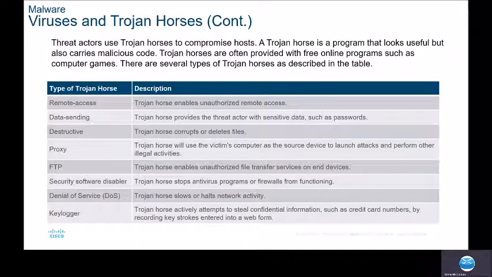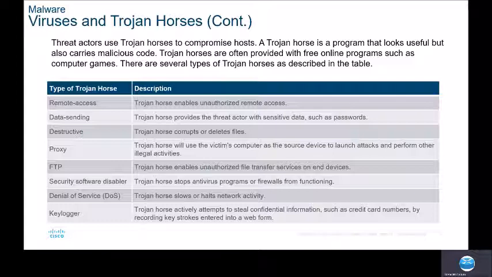Okay, so threat actors use Trojan horses to compromise hosts. A Trojan horse is a program that looks useful but also carries malicious code. Trojan horses are often provided with free online programs such as computer games. There are several types of Trojan horses as described in the table. There are remote access ones, which enable unauthorized remote access. Data sending, so they'll send sensitive data like passwords and such back to the actor.